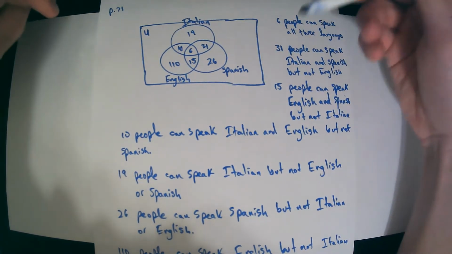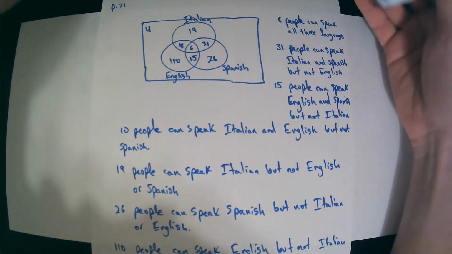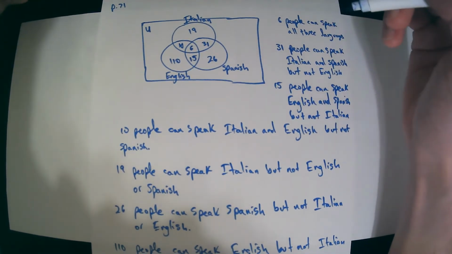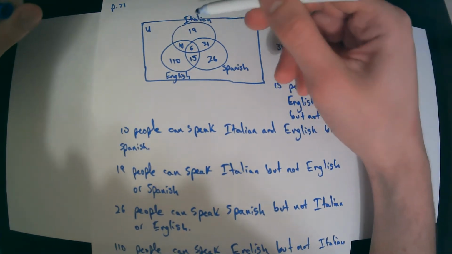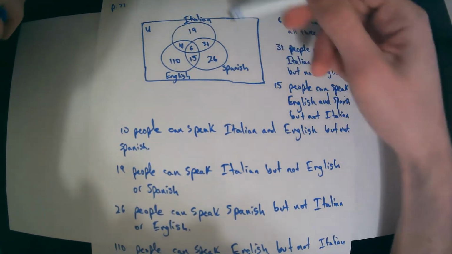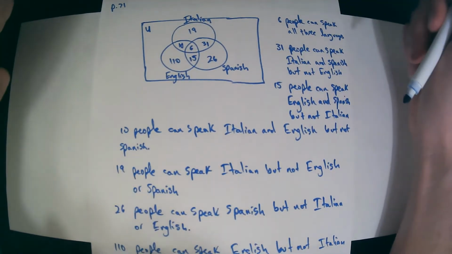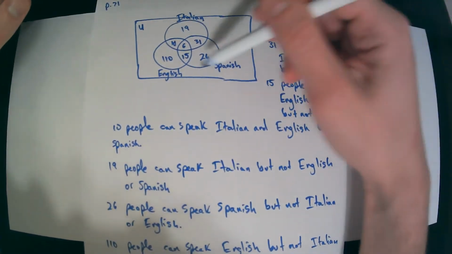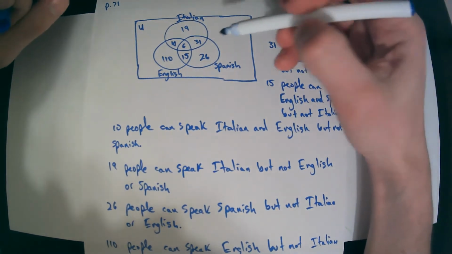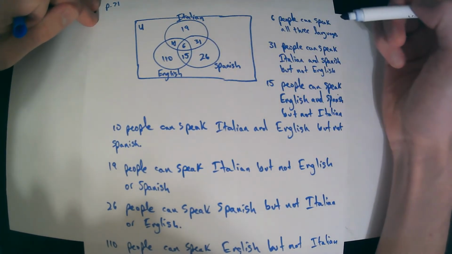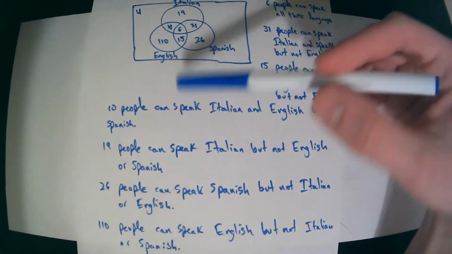But there's no mention of those people out here, so it's assumed that every single person that was surveyed gave back an answer that made them fall into either Italian, English, or Spanish, or some combination, all three maybe. Okay, so that is how we interpret each of these positions on the Venn diagram. The key thing to keep in mind is that these all mean different things. Each spot is distinct from one another.